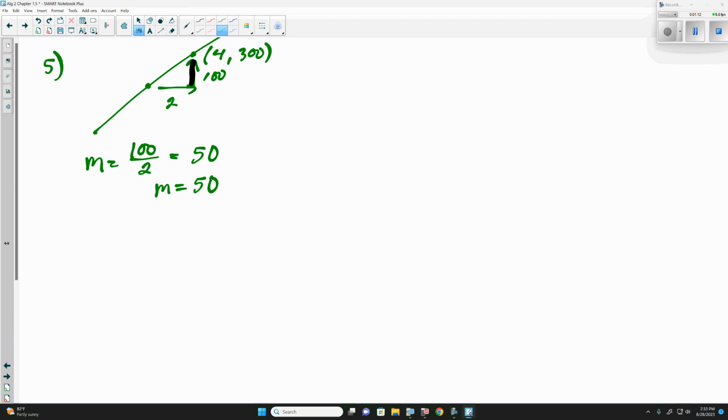Now, I believe the x-axis is time in months. Is that it? This is time, weeks, and then balance dollars.